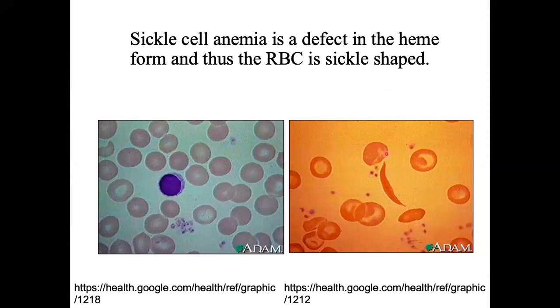And so, yes, sickle cell anemia is extremely painful, and we'll talk about that in a second. But these people were able to reproduce, and that's the name of the game. And yes, their children inherited the sickle cell mutation, but that was also beneficial in this environment.